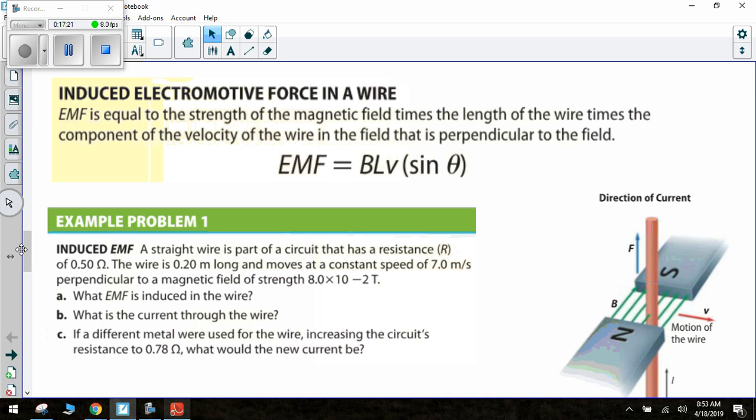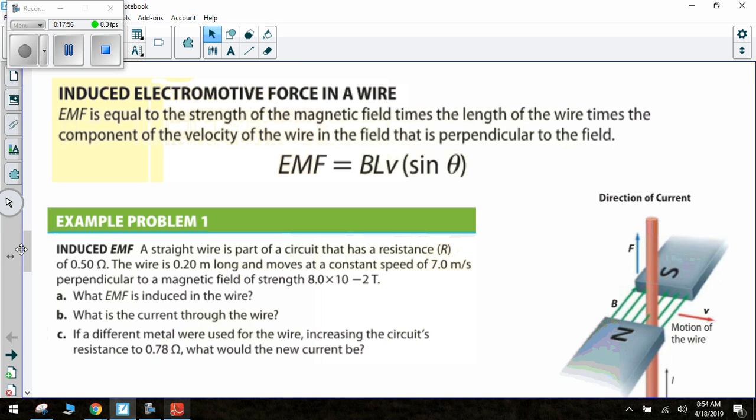Whenever I put a wire through a magnetic field and I cut the field lines, with no current going through it at all, I have to apply some force, because things don't tend to move on their own. If I put a force on this wire and make it cut these field lines, it's going to induce a current and thusly a voltage in that wire.